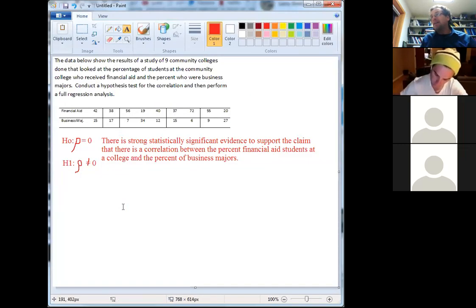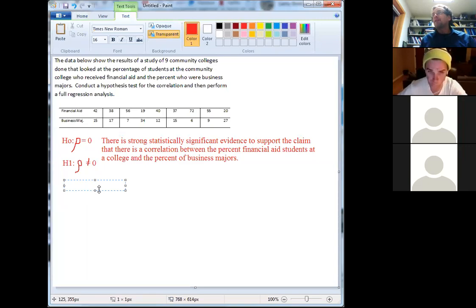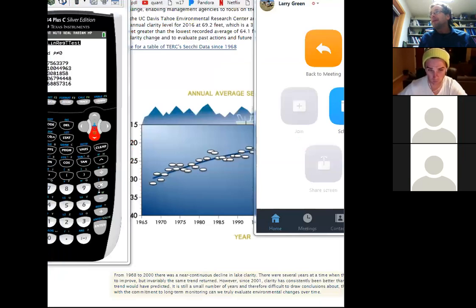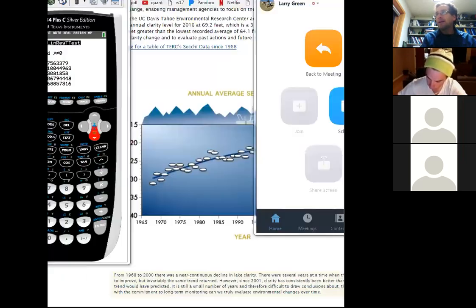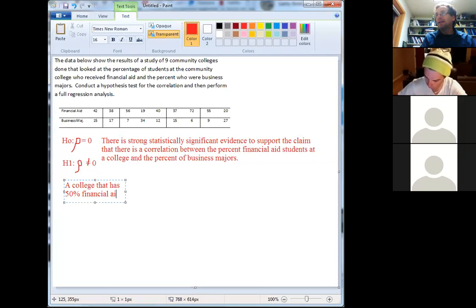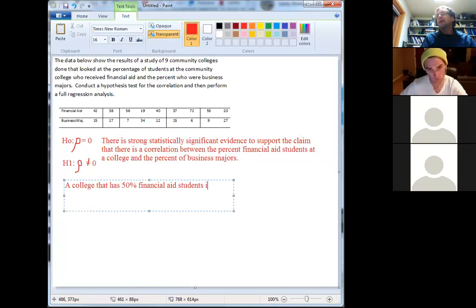So in particular, for example, let's just make something up. A college that has 50% financial aid students is predicted to have, now I got to work this out.